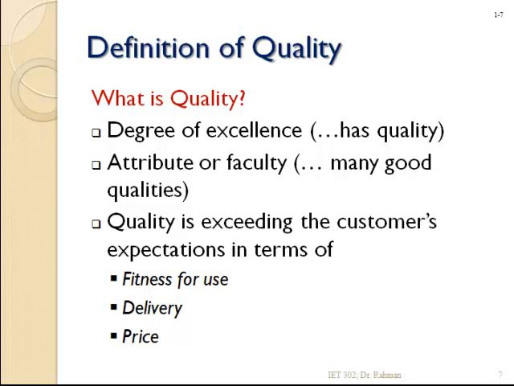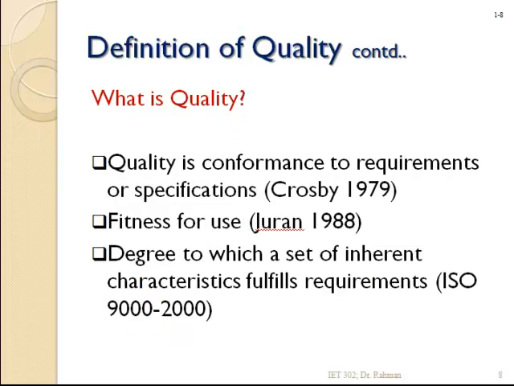But there are some formal definitions by researchers. One definition is that quality is conformance to requirements or specifications. Now the ISO 9000:2000 definition: the degree to which a set of inherent characteristics fulfills the requirements.